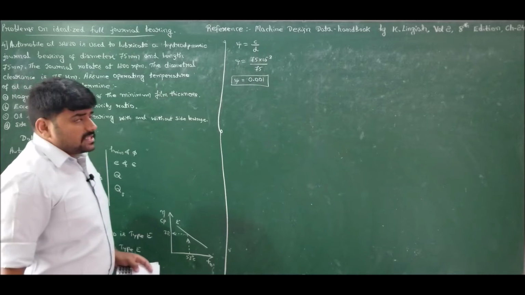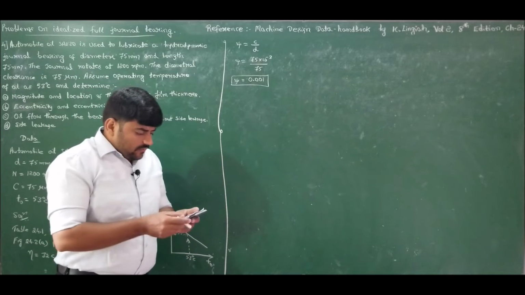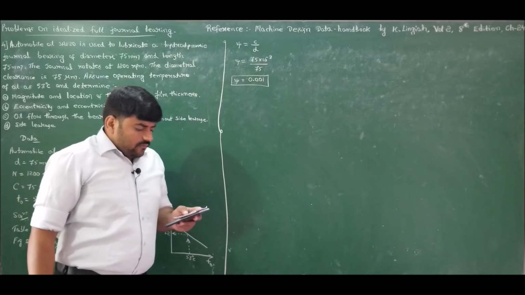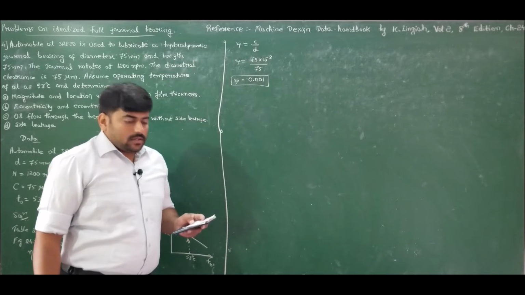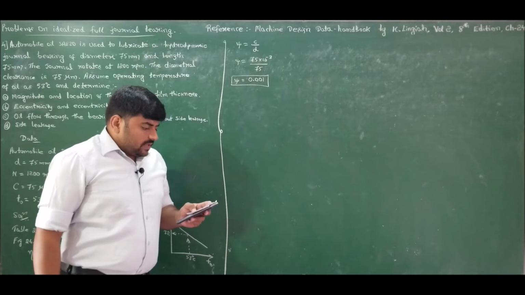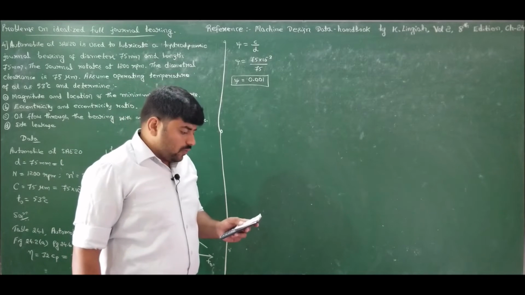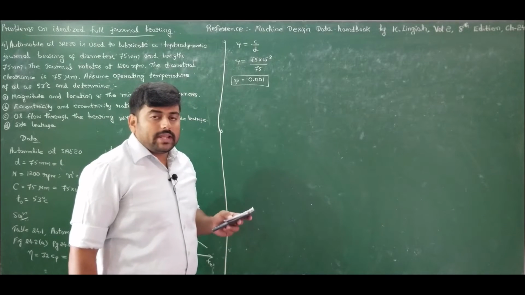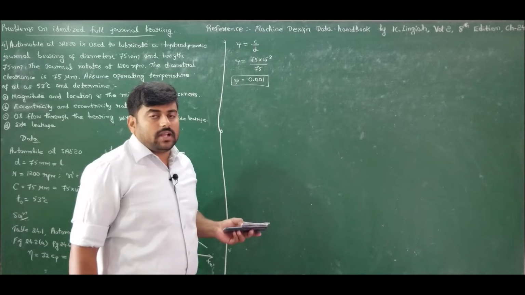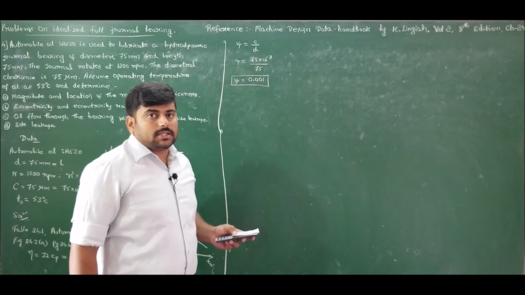Since side leakage is specified, we cannot use figure 24.12. Whenever side leakage is specified, we should go for figure 24.24 to find the value of flow variable delta, using which I can find the value of minimum oil film thickness.